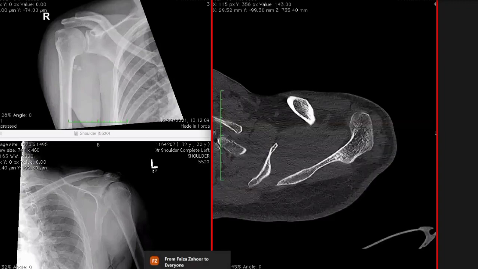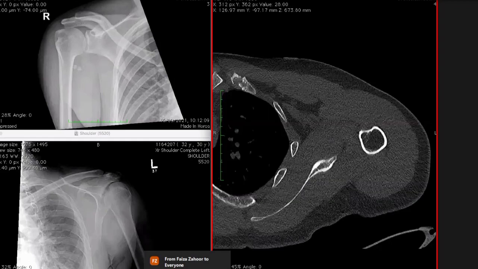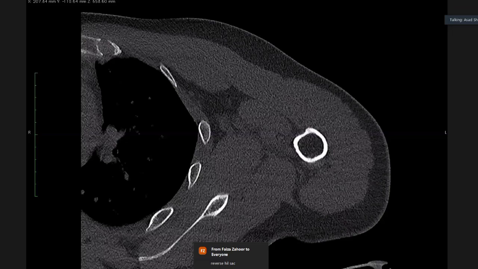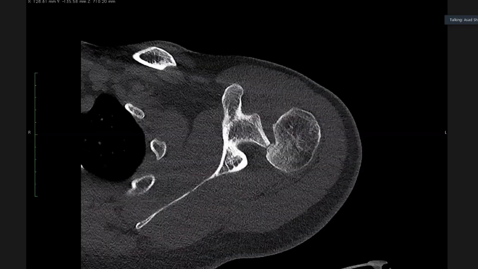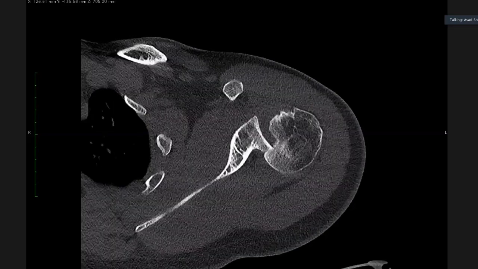Sorry, just there. You see, this sharp thing is just kind of indented, and then if you come down, there is something else, a tiny fleck. You see that? Yes.